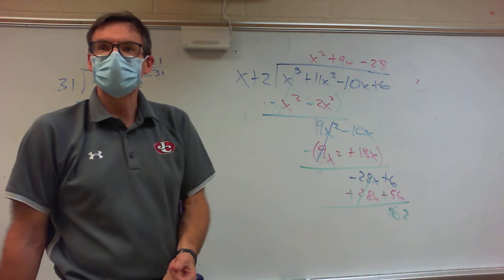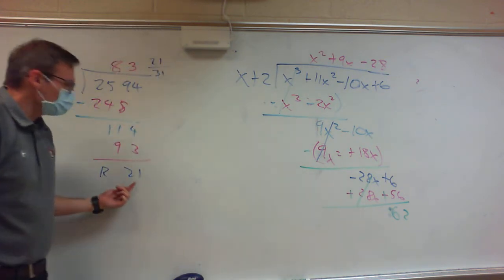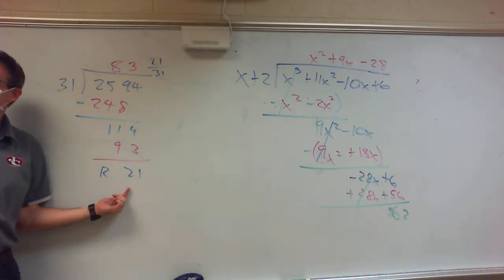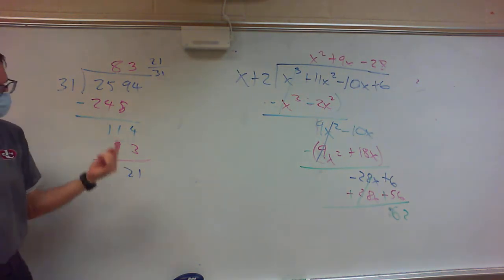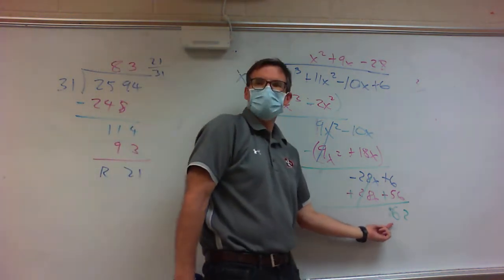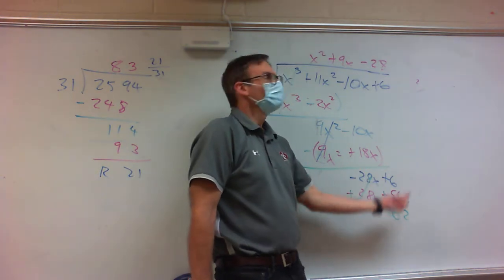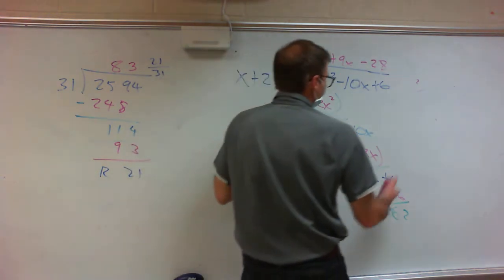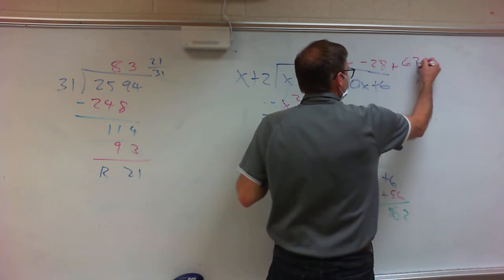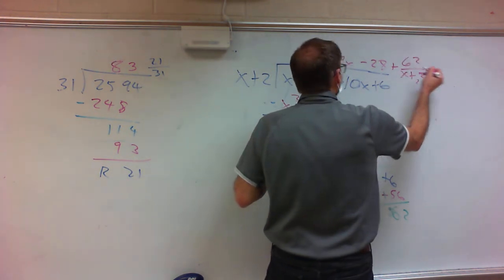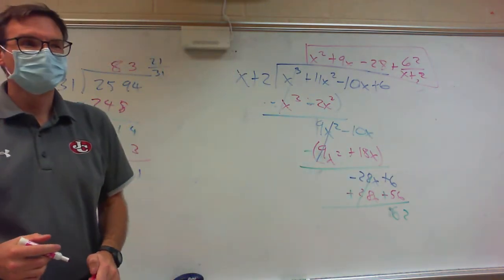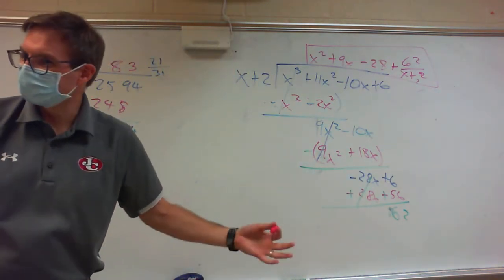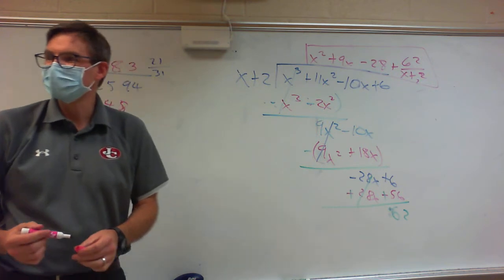That's my remainder. What did I do with my remainder over here? I put it over the 31, right? And so guess what I'm going to do with my remainder here? I'm going to put it over the x plus 2. So that's going to put a plus 62 over x plus 2, and that's our answer. We have successfully done polynomial long division.